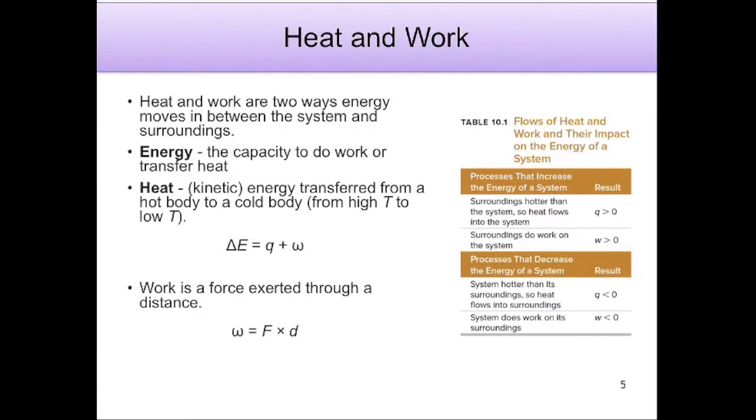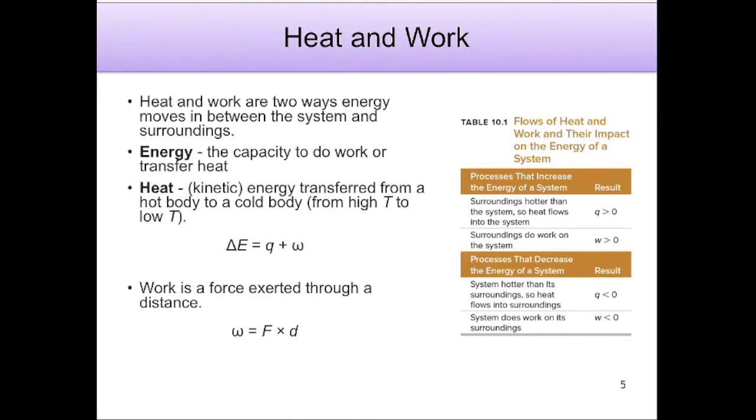So heat is one way that energy can move between the system and the surroundings, but work is another way that can happen. So the energy of a system is the capacity to do work or to transfer heat. And heat is the kinetic energy that is transferred from one hot body to a colder body, right? So heat's always going to go from a hot place to a cold place.